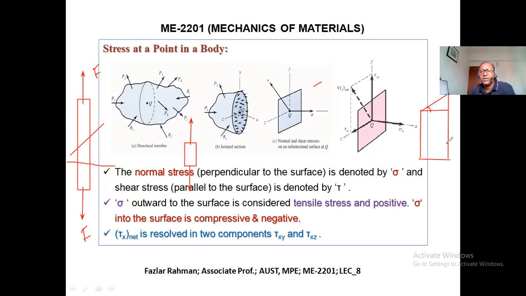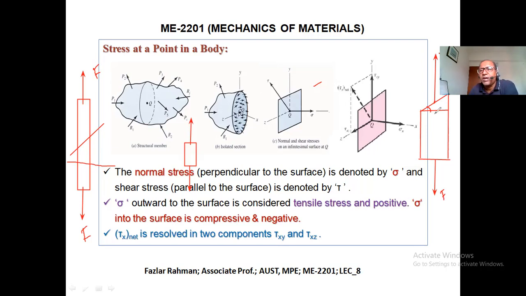In the downward direction, I have a force F, so there will be a force F upward. Then the summation of force along the y direction is 0, right? That means my body is balanced.